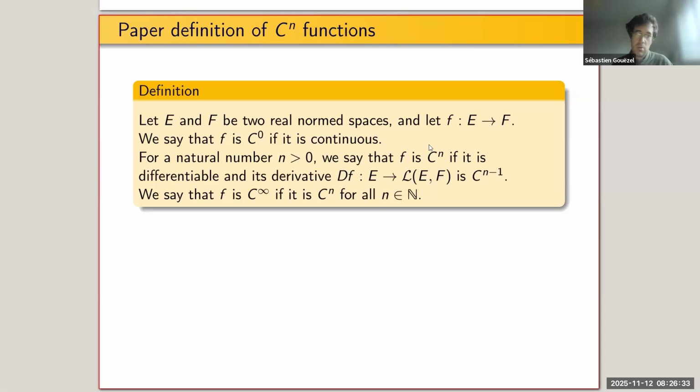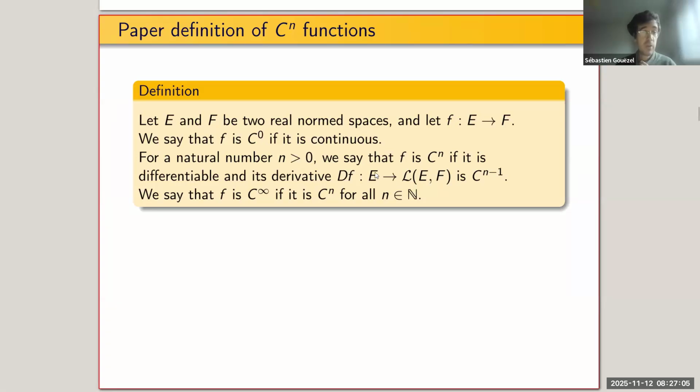And if it's differentiable, and here I'm talking about the whole space, so there are no issues, I can look at the derivative. The derivative df is a map taking a point in E and mapping it to some continuous linear map from E to F that I denote by this calligraphic L of E and F. So df is a map from this real normed vector space E to this real normed vector space L of E and F. It has a norm, which is the operator norm.